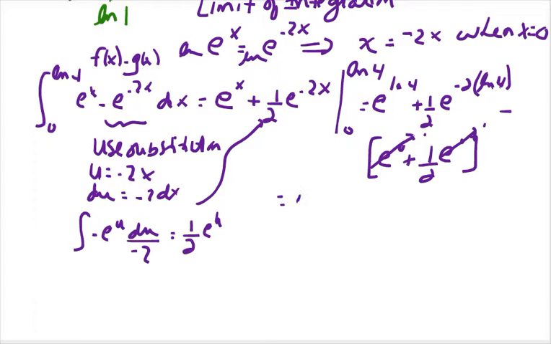So that term, hopefully you understand, or you recall your logarithm and exponential rules. So that's just 4 plus, I'm going to hold on to this for a minute, 1/2 e to the ln of 4.